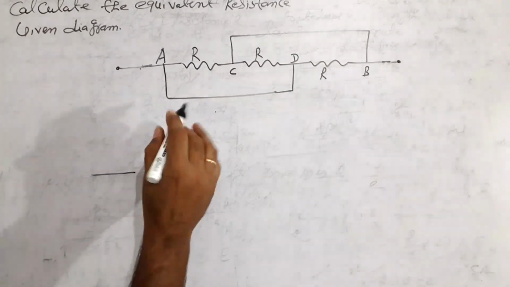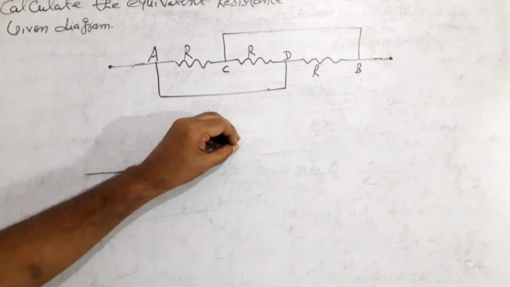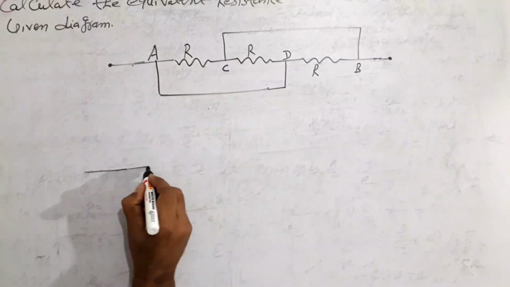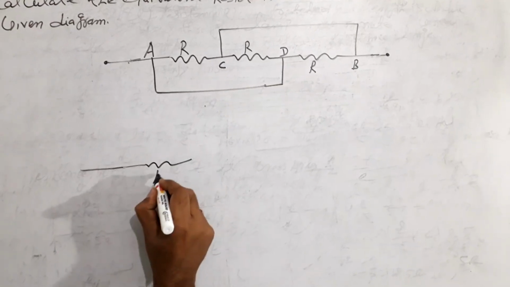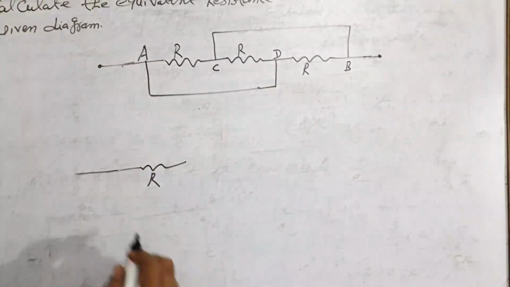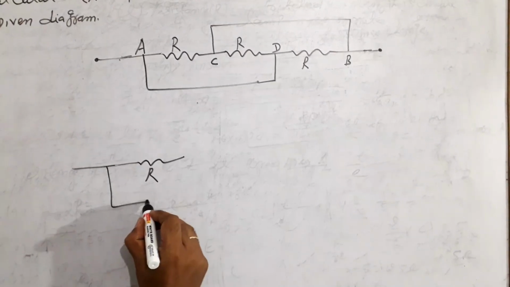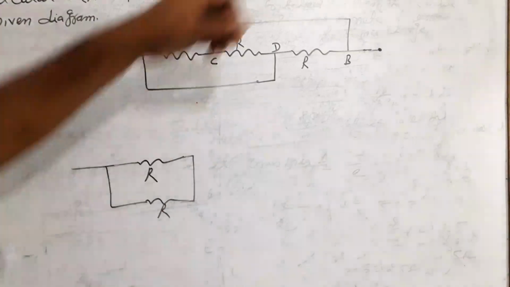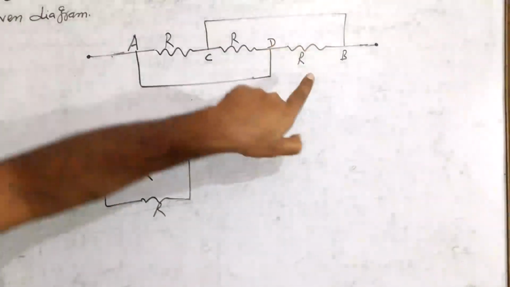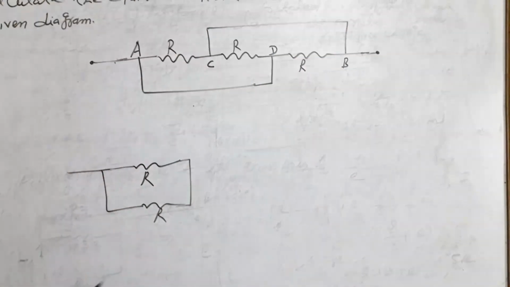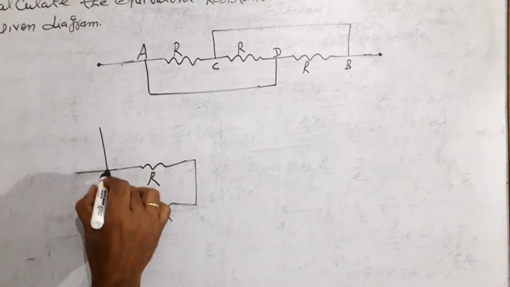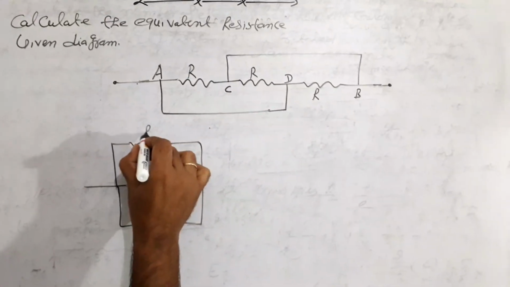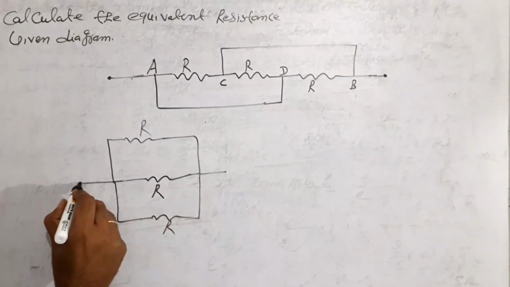What is your resistance? You take this resistance, and this is the midpoint. Your midpoint resistance is R, and you take this point, this side means R, and that portion, the upward direction, is also R. This is R, and this is the point.